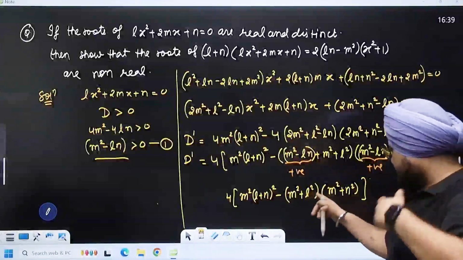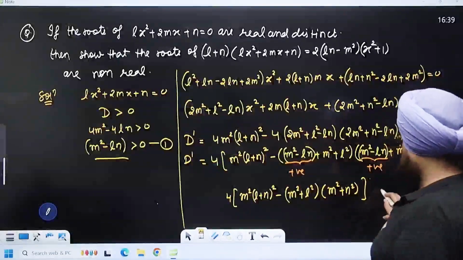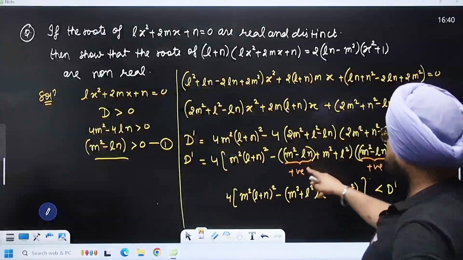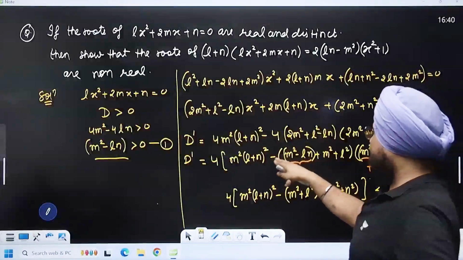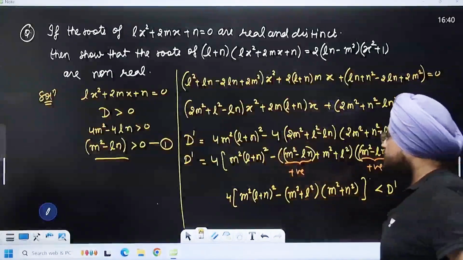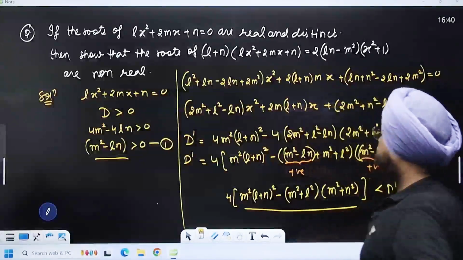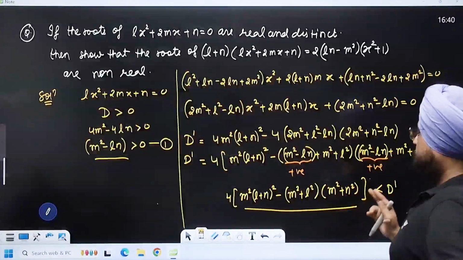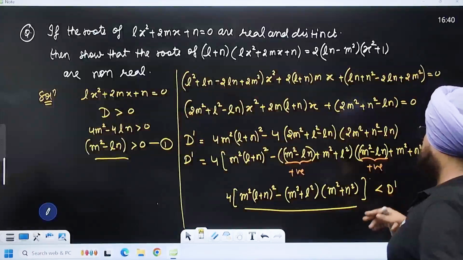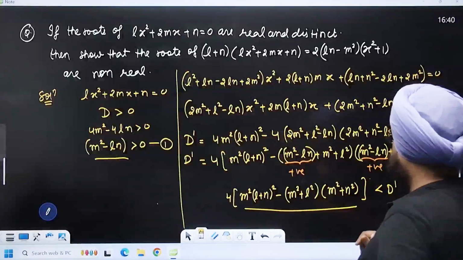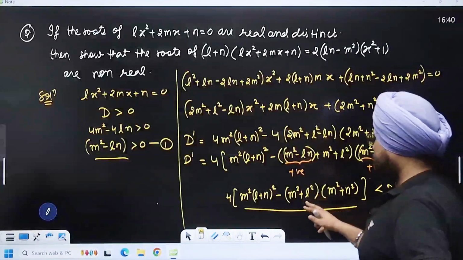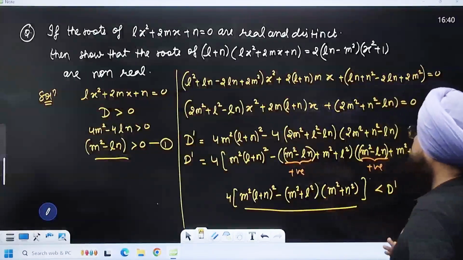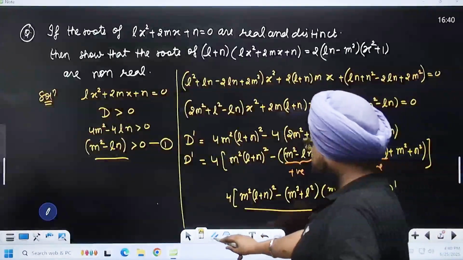So this will be less than d dash. A positive number which was with a minus sign has been removed, so this expression is less than d dash, that is, d dash is greater than this.